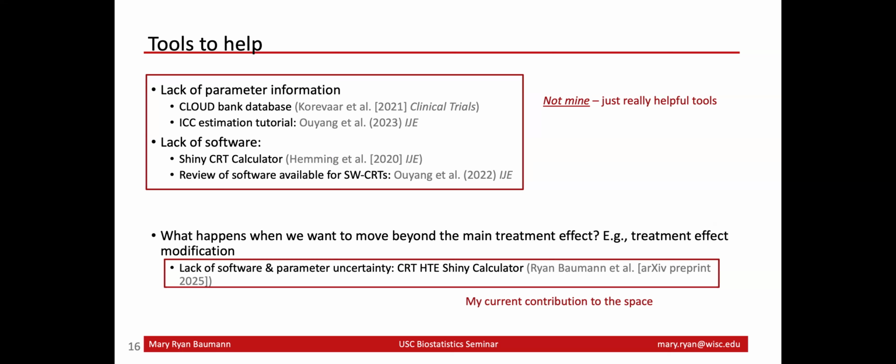On the lack of software, the Shiny CRT calculator developed by the Monash group has been super helpful in being able to bring together a whole bunch of different types of methodologies into one place and allow people to really play with designs without having to do a lot of coding.